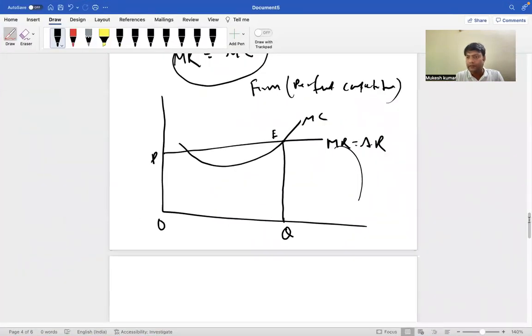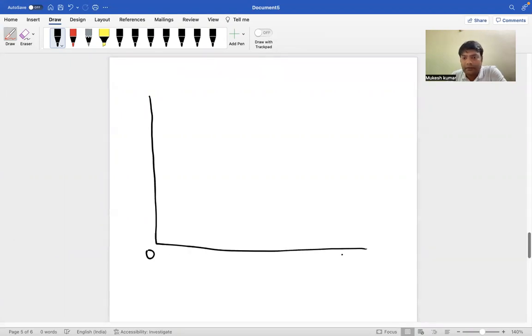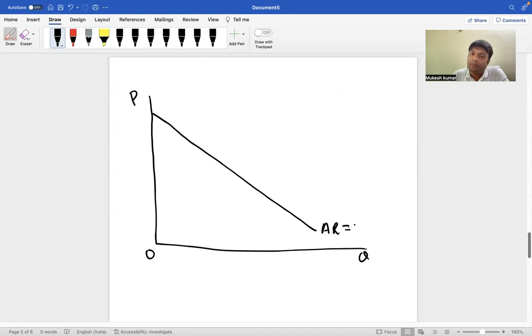So in case of the monopoly, with output quantity and price on the axes, average revenue is this, because this monopoly seller is facing the industry demand. In a perfectly competitive market, the industry may face a downward sloping demand curve, but the firm faces a demand curve parallel to the horizontal axis.